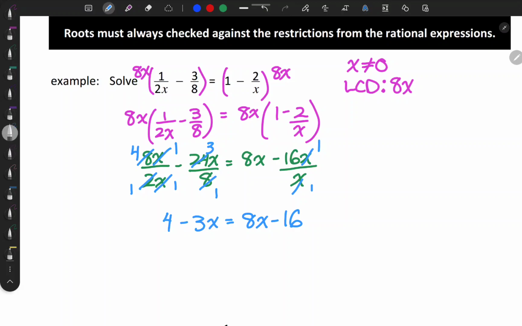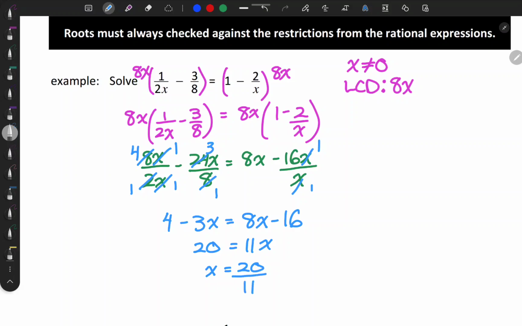So we can see this is a lot less complicated and a lot easier to solve. In this case, we didn't even end up with a quadratic or anything complicated, so all we're going to do is collect like terms. I'm probably just going to move the x terms to the right and my constants to the left, and we get 20 equals 11x, or x equals 20 over 11.